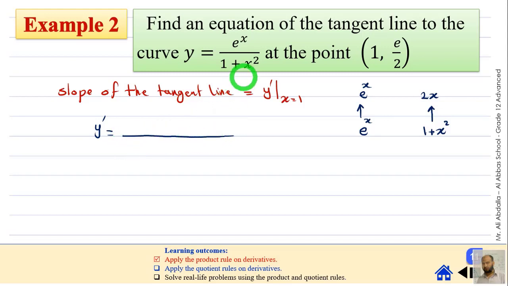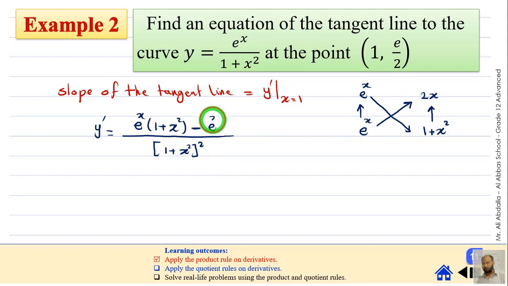Then we can find the derivative of y. First, second function to the power 2, 1 plus x to the power 2, all to the power 2. Then we can use cross multiplication: e to the power x times 1 plus x to the power 2, minus e to the power x times 2x.